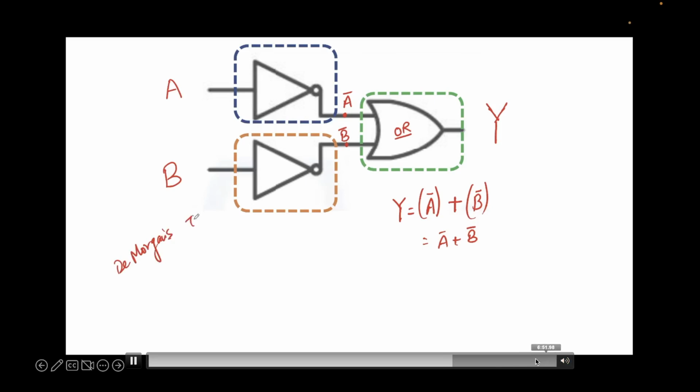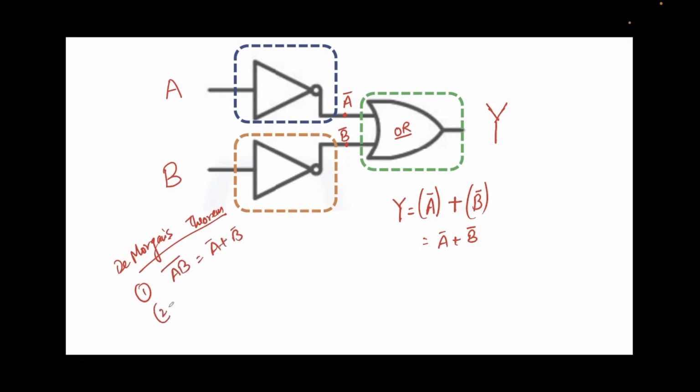Now there's something called De Morgan's theorem, or De Morgan's laws, whatever you may prefer. It says that AB whole bar is equal to A bar plus B bar. There are actually two laws. The second says that A plus B whole bar is equal to A bar times B bar.